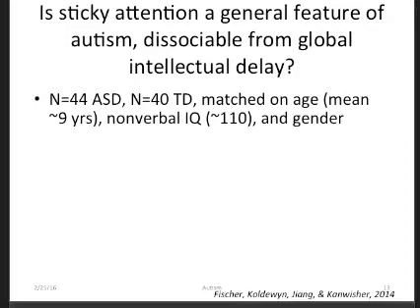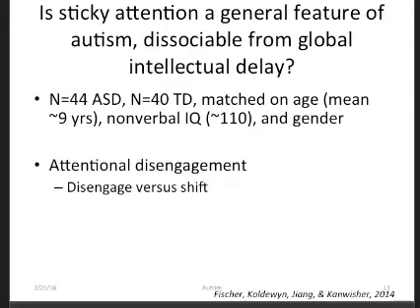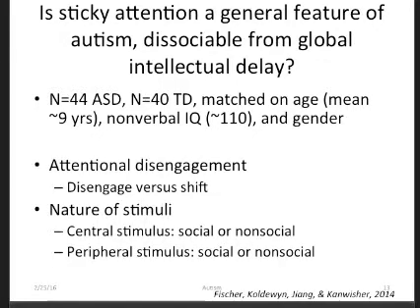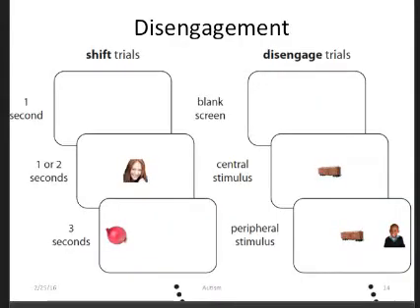This way we'll be able to produce a more precise measure of attentional disengagement. Now, because attentional disengagement may be influenced by the nature of stimuli, we also manipulated the type of stimulus at the center as well as the type of stimulus in the periphery. They can be either social or non-social. Here's a schematic illustration of the conditions. The object at the center could be either a face or a non-social stimulus like toys, fruits, and vegetables.